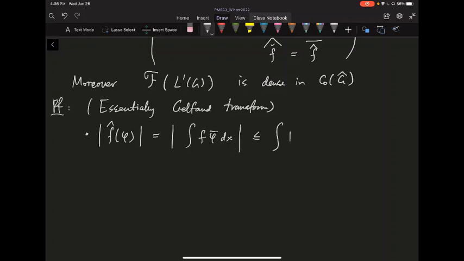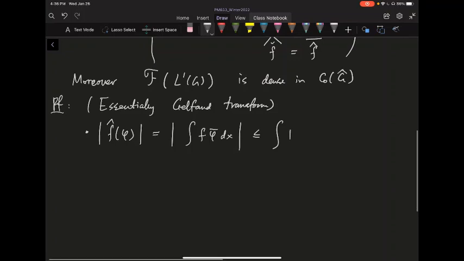But because your character always has norm 1, it's less than or equal to the integral of the absolute value of f, which is the 1-norm, right? So the sup norm of f hat, which is the supremum over these phi of f hat of phi, is going to be less than or equal to the 1-norm, right? So that finishes the norm decreasing part.